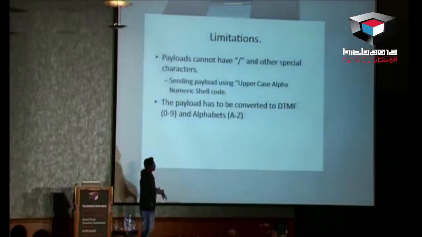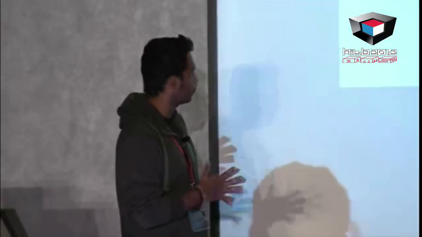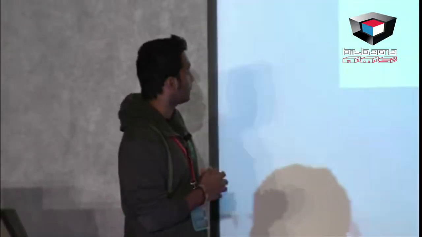Only if the application is a VXML application, meaning the input is voice input or alphanumeric, will we be able to send actual shellcodes to the server. If the application is just DTMF based, it's not possible to send a shellcode because we are limited to zeros, ones and the star and hash keys. It's not really possible to build a shellcode out of it.